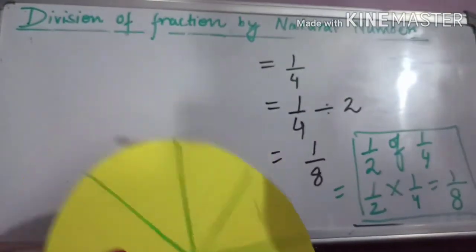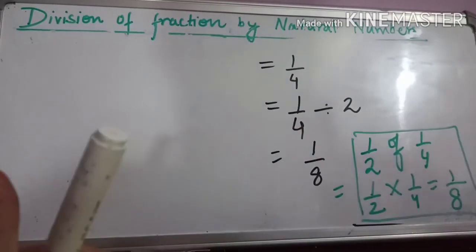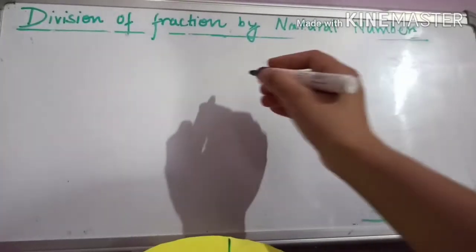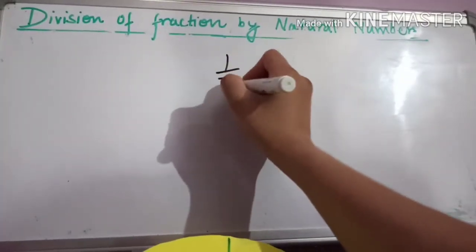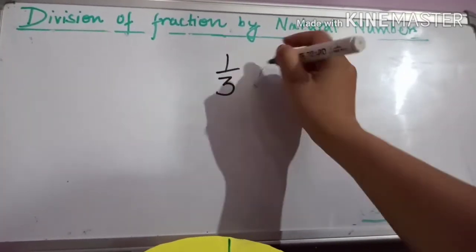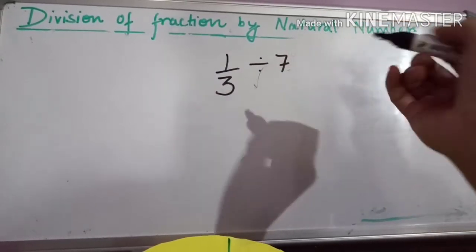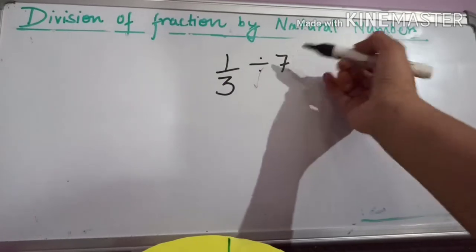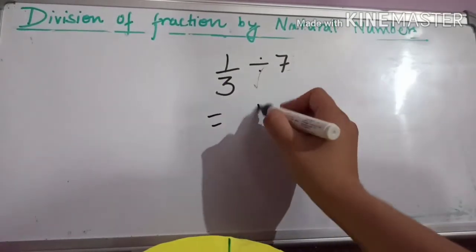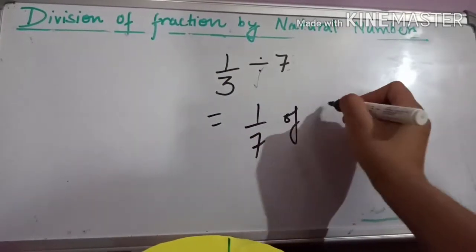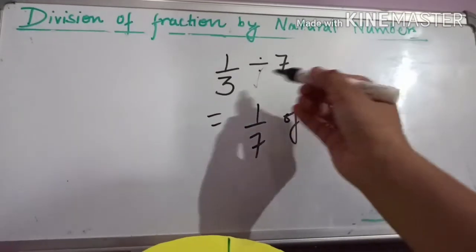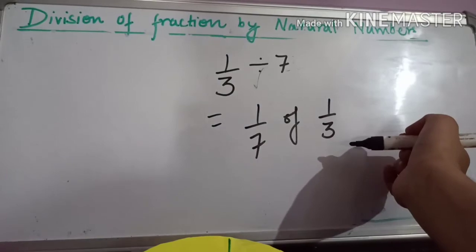So from here we can conclude that whenever we divide any fraction like this, 1 by 3 divided by 7, that is we have to divide the 1/3 part into 7 parts. So we have to find the 1/7 of 1/3. हमें 1/7 निकालना है 1/3 का.